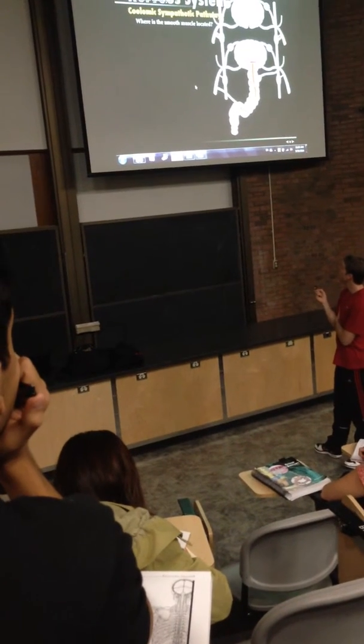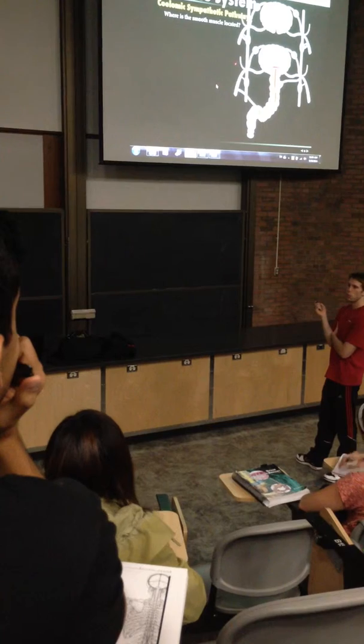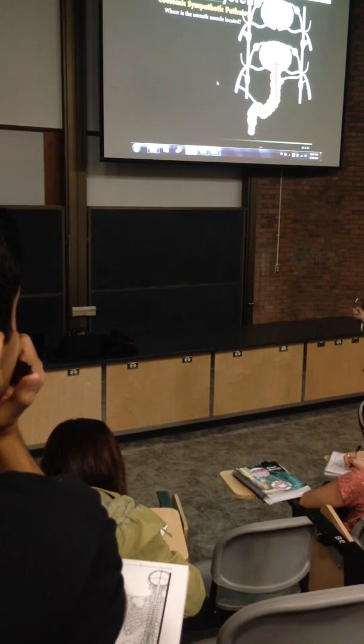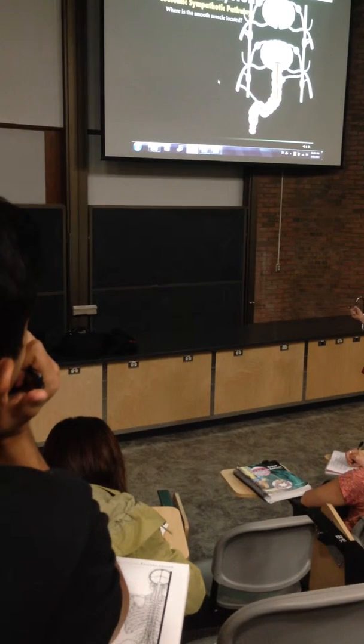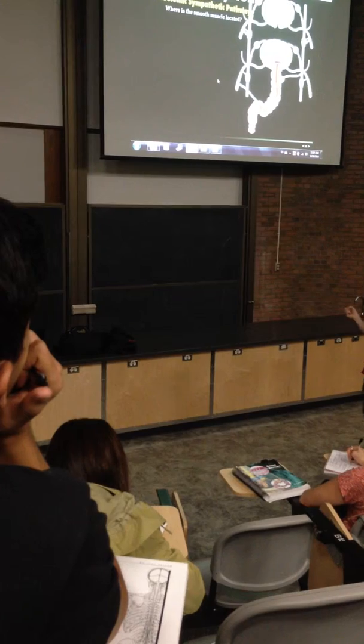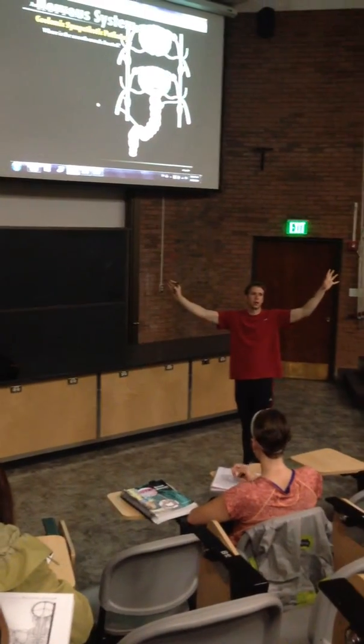So the white communicating ramus is what levels? T1 to L2. And then what levels are we going to see? What's this nerve called that comes off the ventral ramus and heads towards the body cavity? If it's going towards the body cavity, what's the word we think of? Splanchnic.